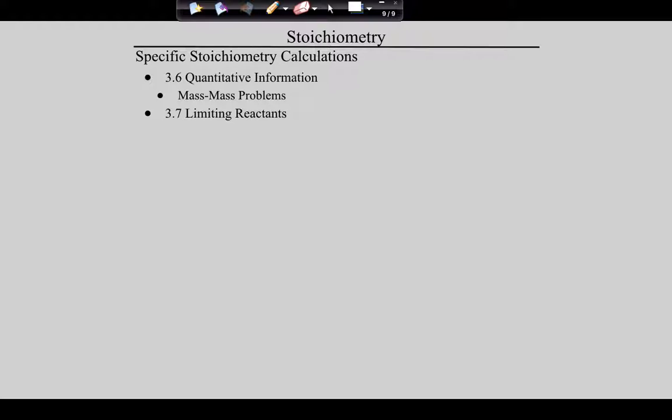Now guys, if you remember, and I'm not going to go back to it, when I taught this to you last year, we talked about the bicycle analogy. Do you remember if you started with 100 pounds of seats and frames and wheels, with the same mass of each, in order to figure out which one you run out of first, you first of all have got to figure out how many you have.